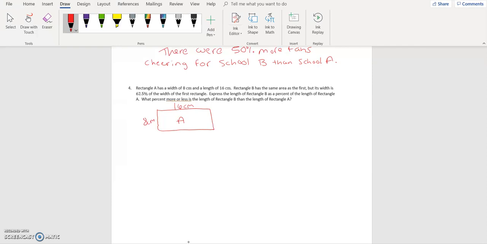but its width, so the 8, is 62.5% of the width of the first rectangle. So let's move that decimal 2 places to the left, 1, 2.